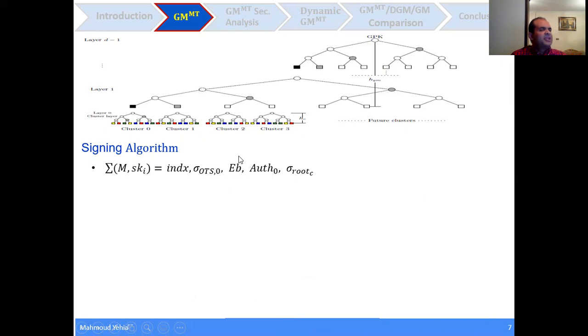Then it contains the corresponding encrypted label and the authentication path auth0, which is colored in gray here in cluster 0, and the signature generated by the group manager for the cluster root.